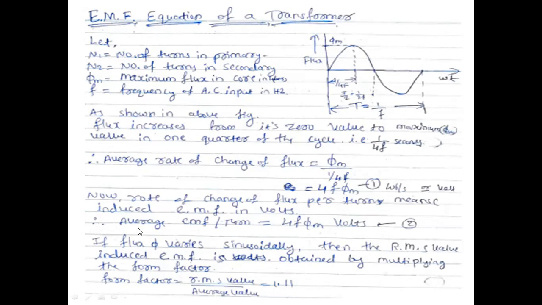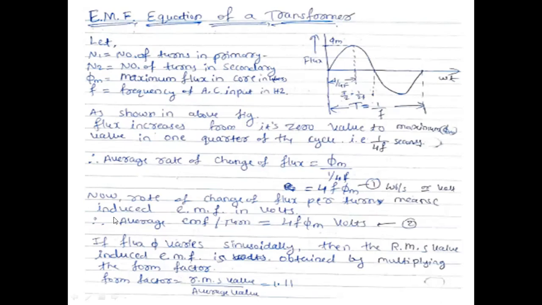Next line. Therefore, average EMF per turn equal to 4f phi m volts.